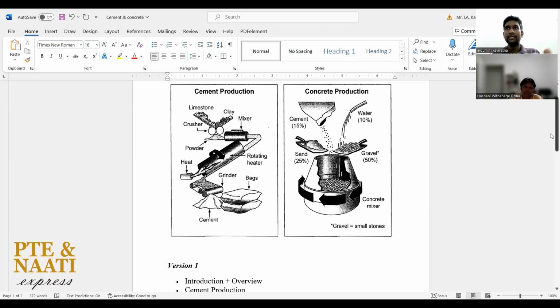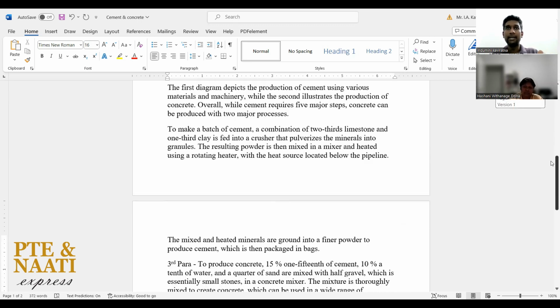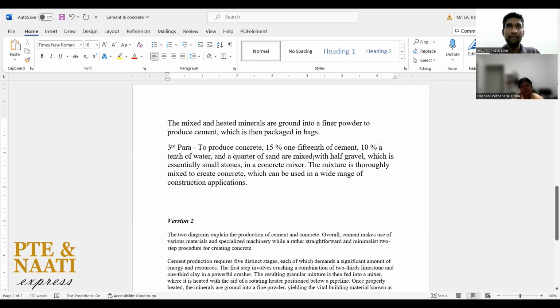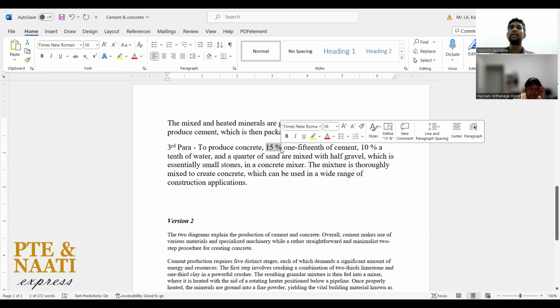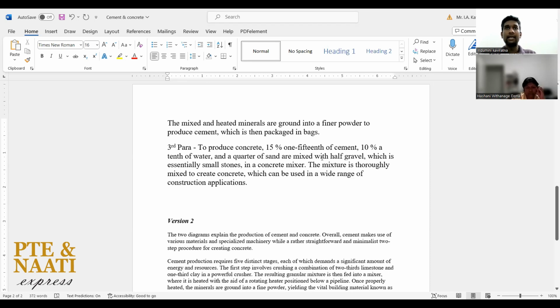They have been indicated in mathematical calculations just to show that you have an idea about these percentages, but it is perfectly alright. You can mention 15% of cement mixed with 10% of water, like that. It is perfectly alright.